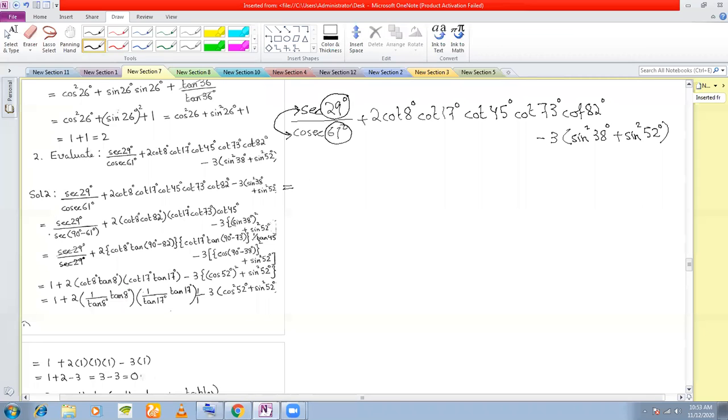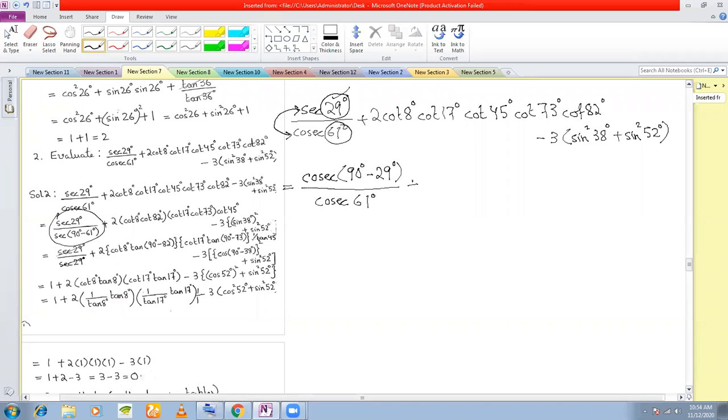If I change the sec in the numerator to a cosec, what am I going to get? 90 degree minus the angle here. What is the angle? 29 degree. Because I have changed sec to cosec, I have subtracted 29 degree from 90 degree. And the denominator, I keep it as it is.